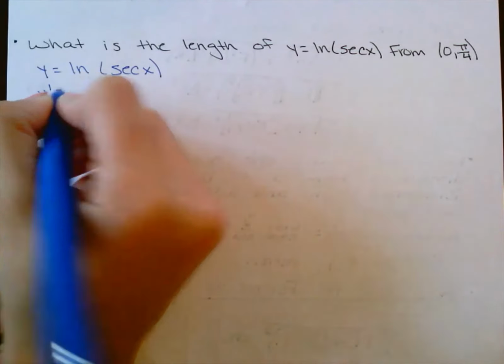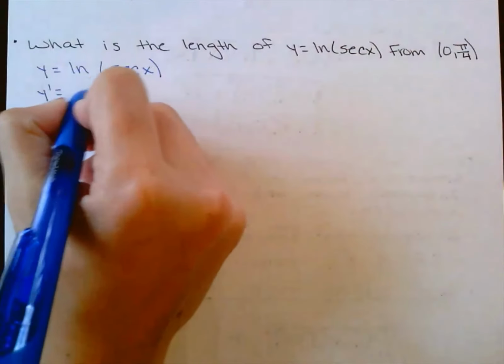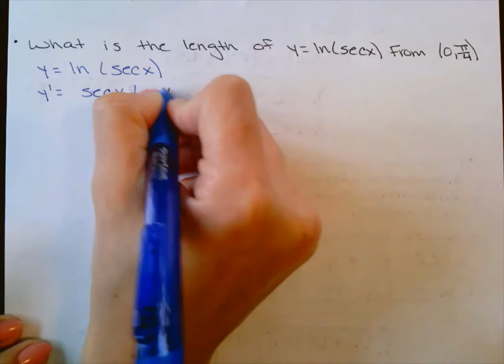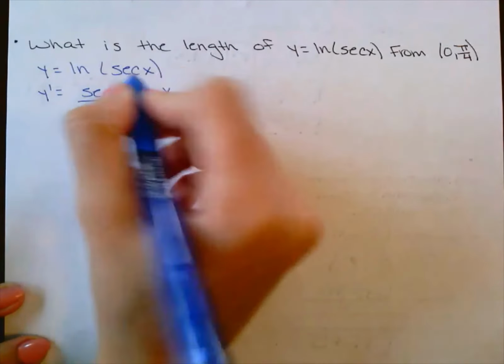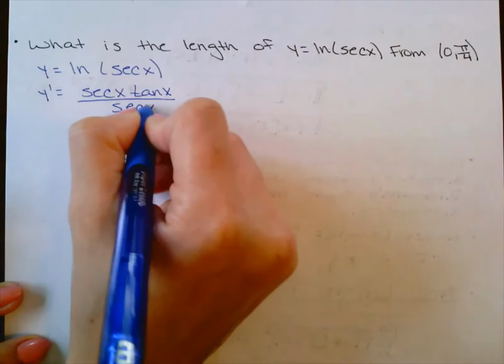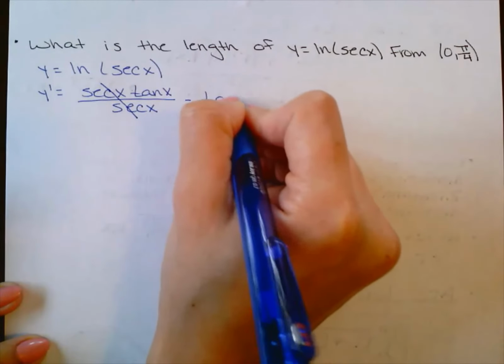Y prime is the derivative of secant, which is secant tangent, over what's in the inside, which is secant. So u prime over u. Notice these secants cancel, and I'm just left with tangent of x.